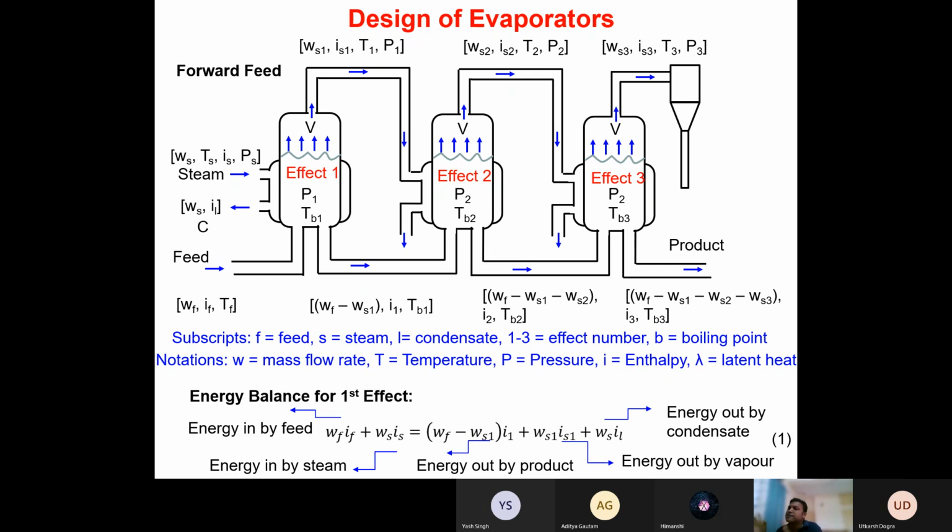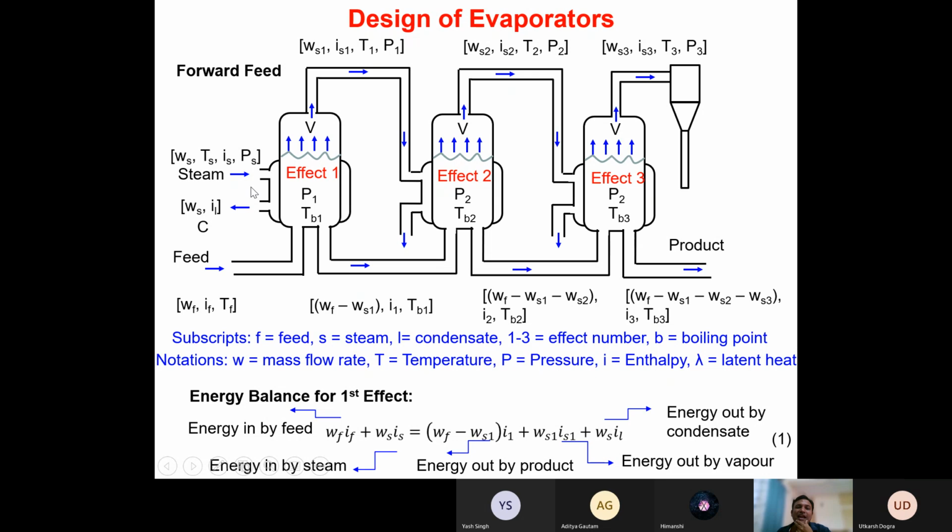But in order to solve this problem, there is a trial and error required. The first step is to assume, and this word is very important, that the heat transfer in effect 1, effect 2 and effect 3 is the same. Of course, it is not the same. We will revisit this assumption again. But to start, we are making this assumption.